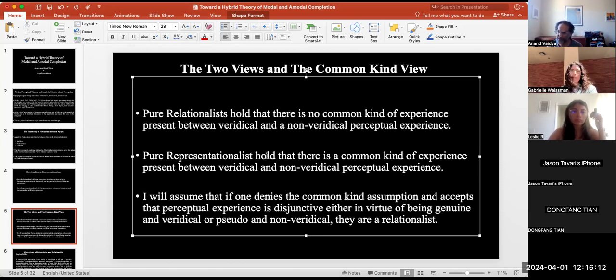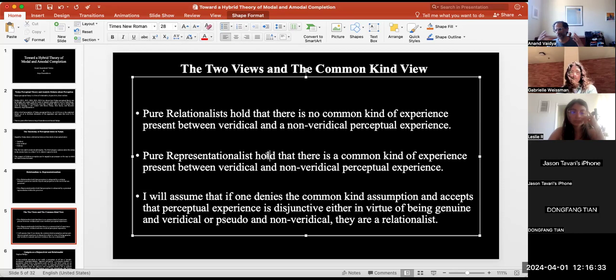Now, I'm going to make a further assumption going forward, which is that I'll assume that if one denies the common kind assumption and accepts that perceptual experience is disjunctive, either genuine and veridical, or pseudo and non-veridical, they are a relationalist.